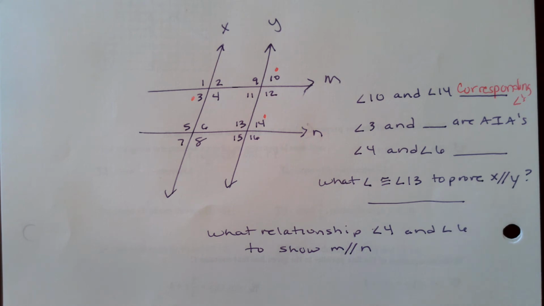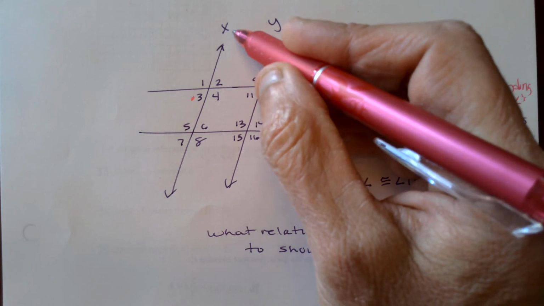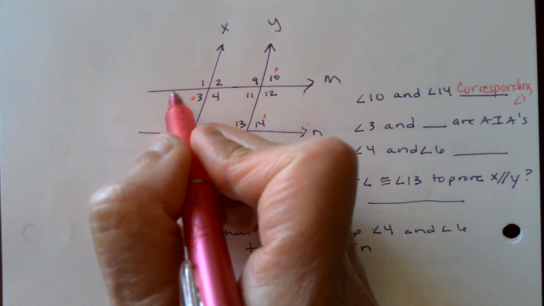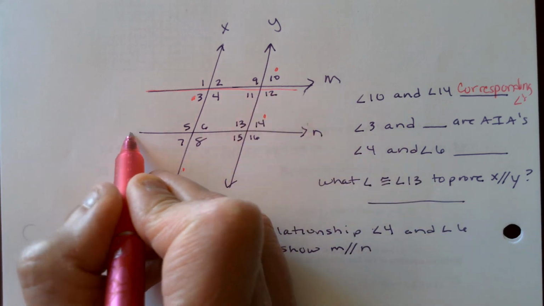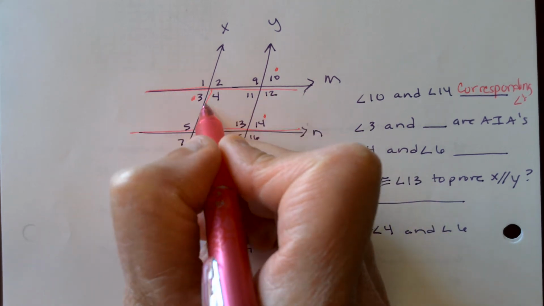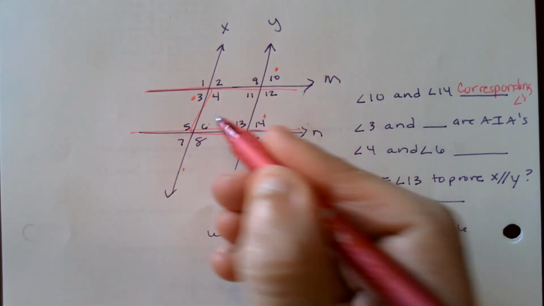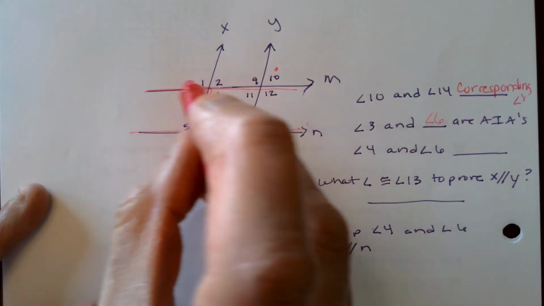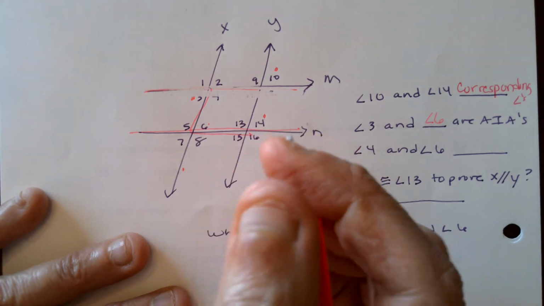Remember, it's got to be interior. So it's not going to be working with these two, because then that would be an exterior. It's got to be interior, so we're working with these two right here. So which one is the alternate interior? 6.